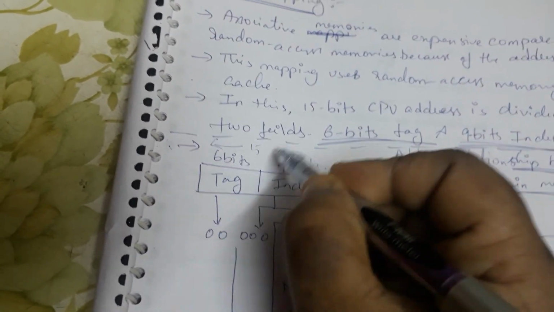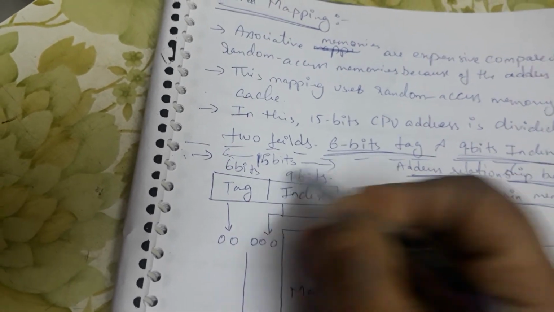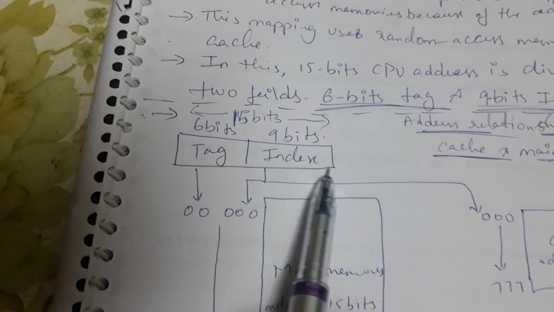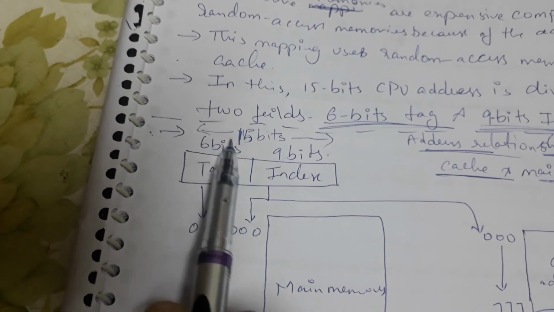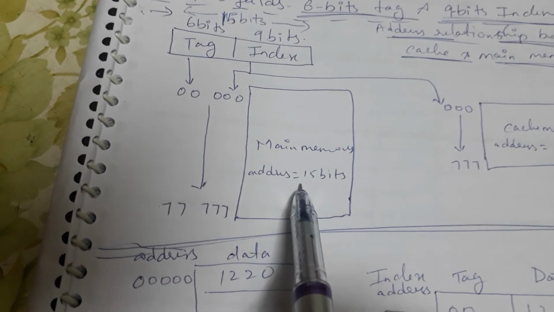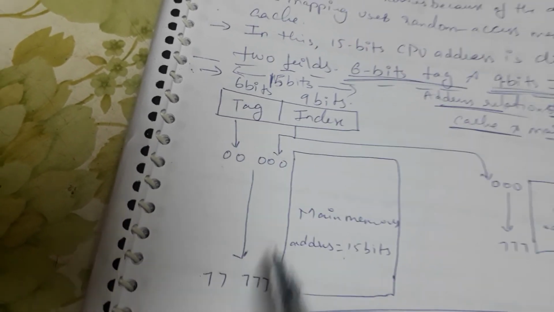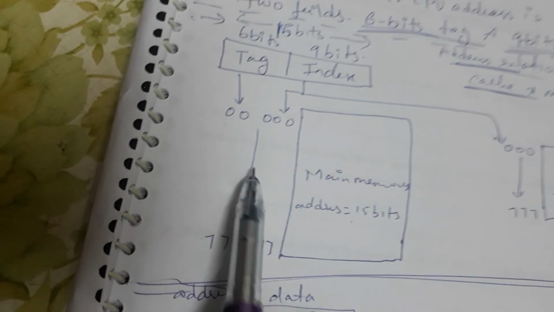This is the complete 15-bit CPU address. The least significant 9 bits are called the index, and the most significant 6 bits are called the tag. Now if you look at the main memory, this is the complete address. For example, we have taken these addresses here.